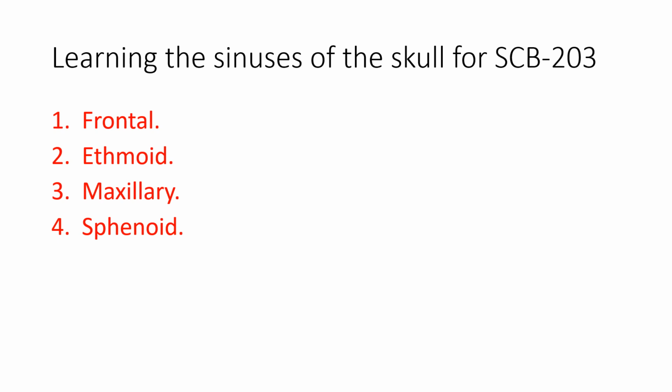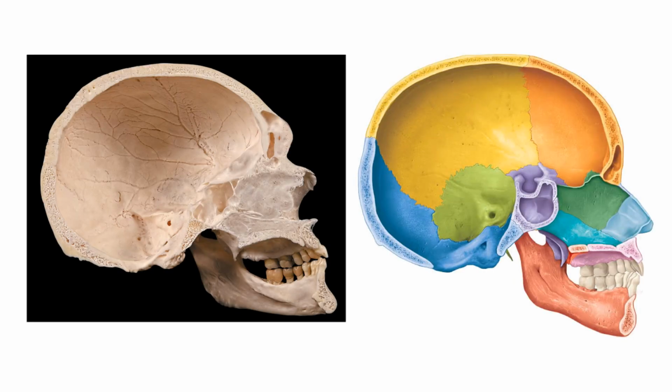If you know these 4 bones, then you're going to see that in certain models, preparations or illustrations, they're hollow, and within them are each of these sinuses. This figure here is the same figure I've shown in my previous videos.